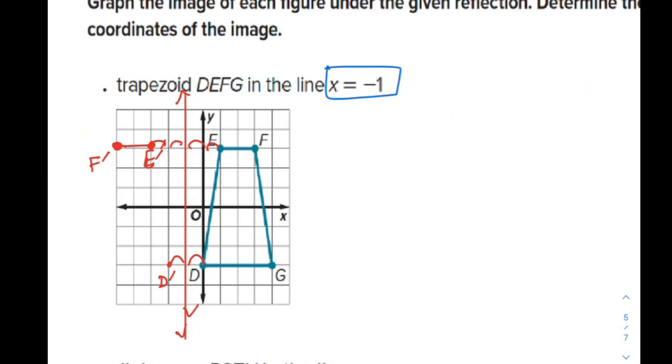If you count G, 1, 2, 3, 4, 5. From the other side, 1, 2, 3, 4, 5. So we need to add 1 square here, on the same line perpendicular to the line of reflection, then I will match. And this will be my figure.